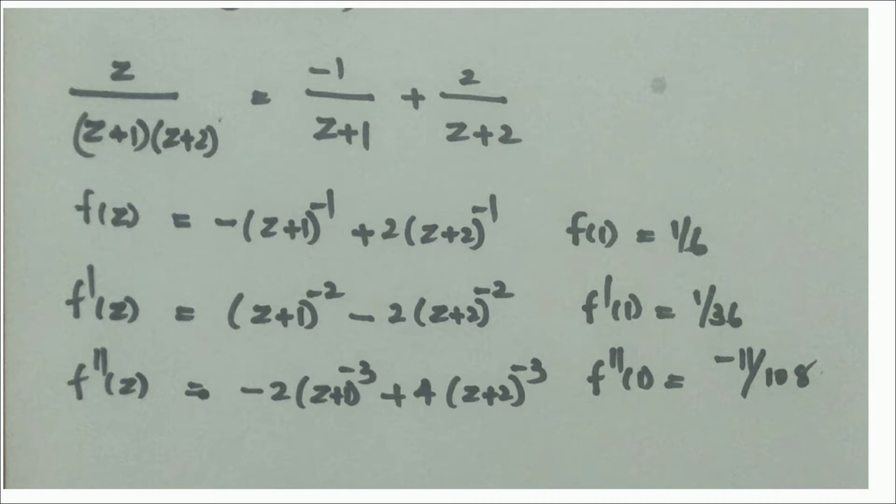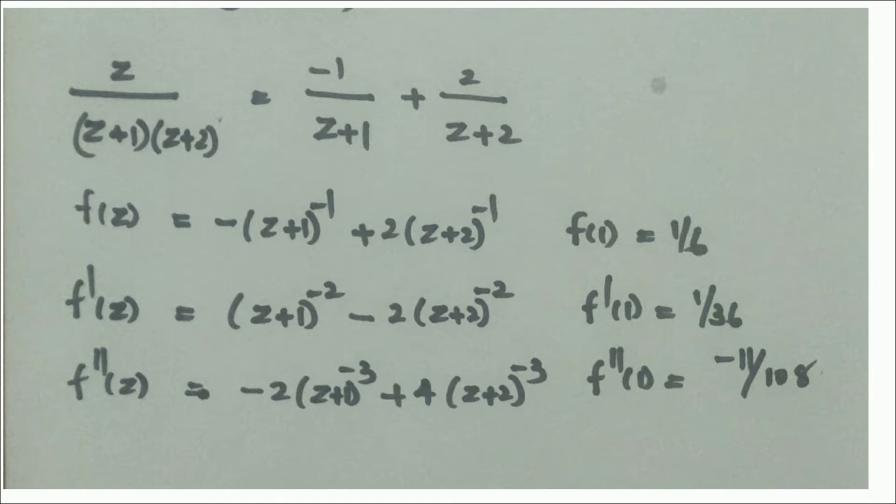So the derivative of the first term is minus into minus 1 into (z plus 1) raised to minus 2. Minus into minus becomes plus. So f dash z is (z plus 1) the whole raised to minus 2. Next, the derivative of the next term is minus 1 into (z plus 2) raised to minus 2. That becomes minus 2 into (z plus 2) raised to minus 2.